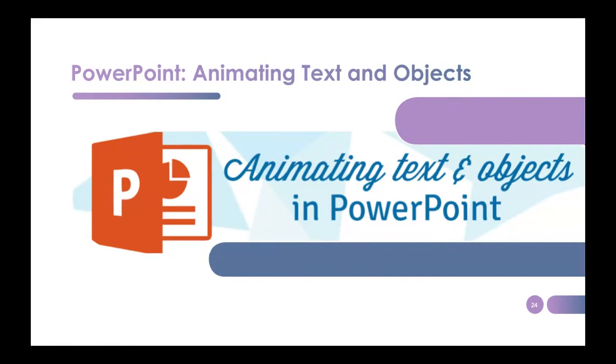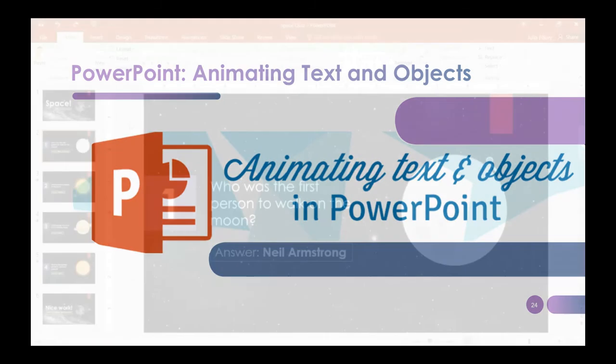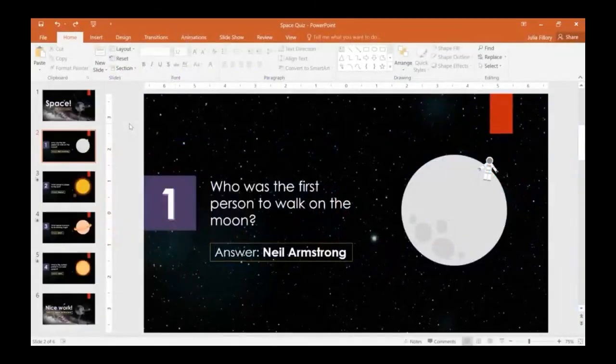The next one, we are almost close to the end of our presentation, but before that, we will see how to animate text and objects in PowerPoint. This again will be very interesting.